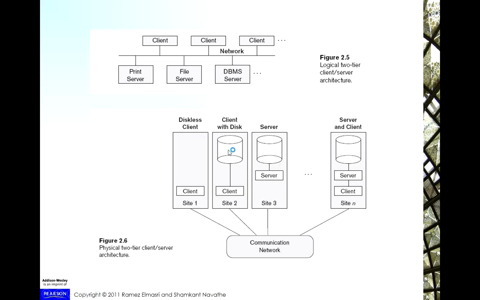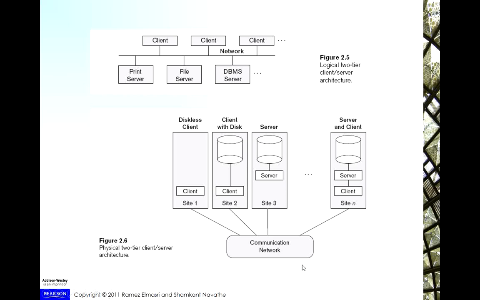But these two are clients. This client without a disk, client 1, and this client with a disk, could be considered a client and at the same time a server, and because a computer could be a server and a client at the same time, they're all connected to this server computer through what is called a communication network.